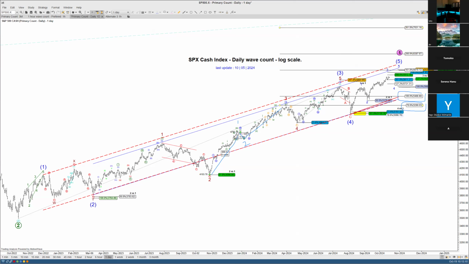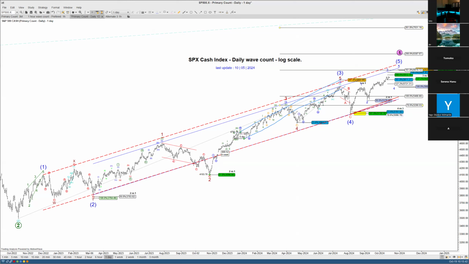So if you put a 3 here and then look at the size of this 4 compared to your 2, it doesn't satisfy that. It's not going to have the right look. And then look at the monster 5th wave. How are you going to connect the channel? The channel doesn't work either. If I put a 3 here, you connect 1 to here and look at the channel.